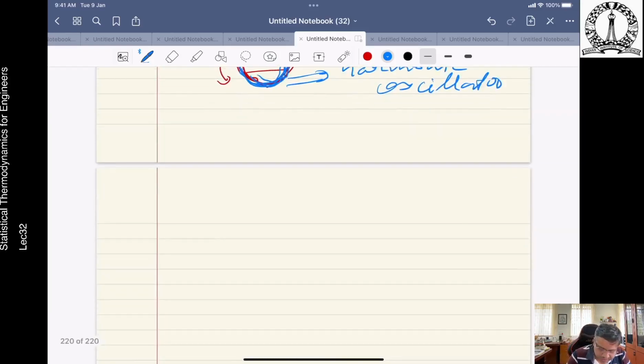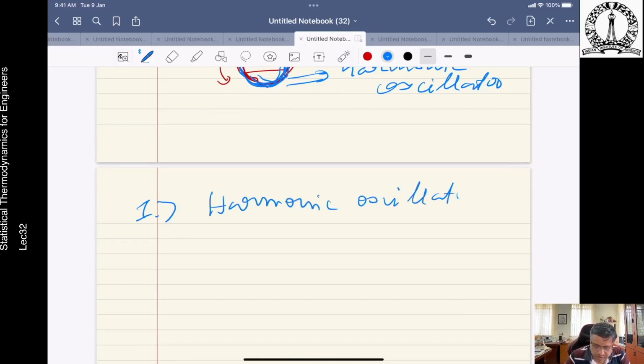So what are the three things? Let us write it down quickly. One is basically the harmonic oscillator only works for lower vibrational energy levels.